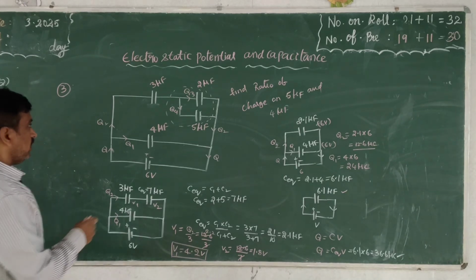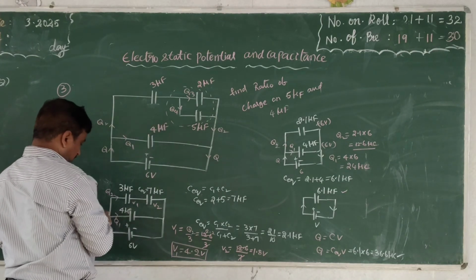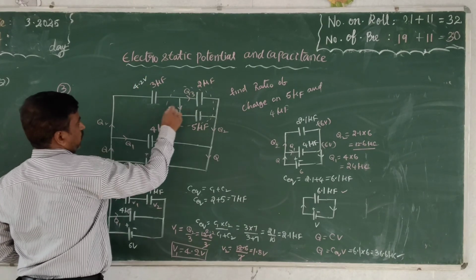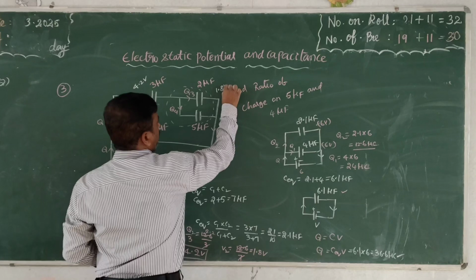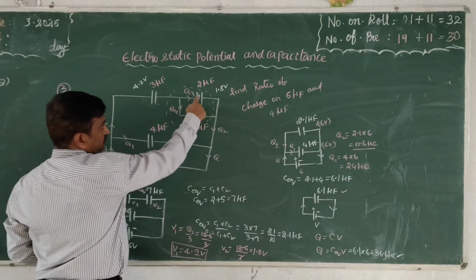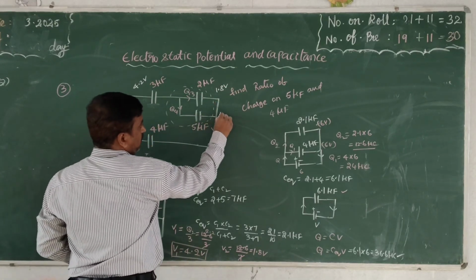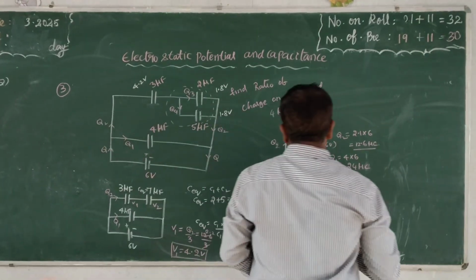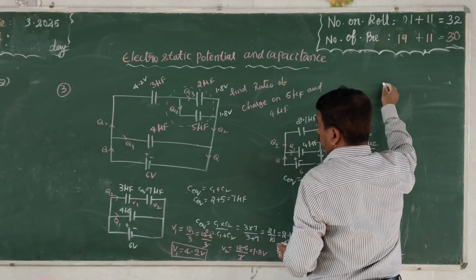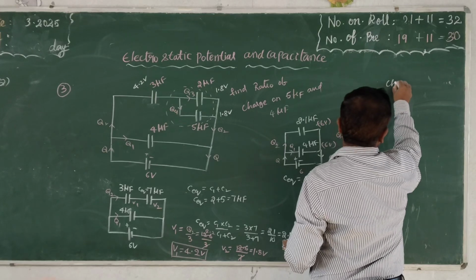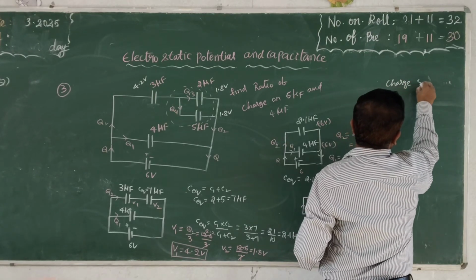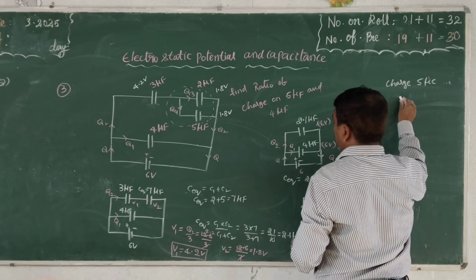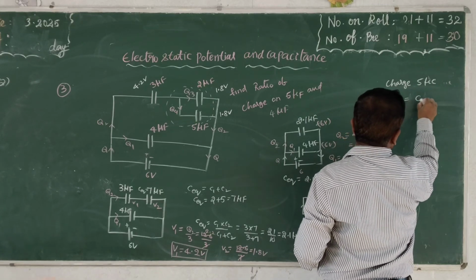So here the potential is 4.2 volt, here the potential is 1.8 volts. This resultant, so these two are parallel now. Parallel means here also 1.8 volts. What do we want to find out? What is the charge on the 5 microfarad capacitor? Capacitance equal to Q by V.